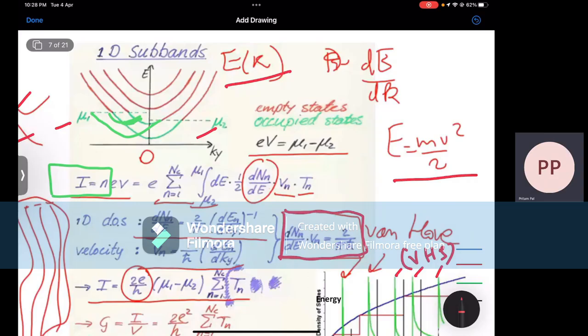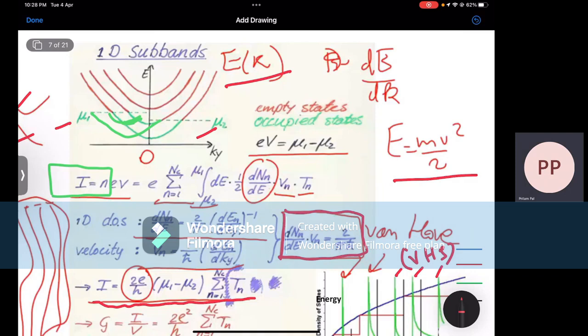And so this integral ultimately gives us the current. This is the transmission coefficient, and this is mu1 to mu2. The rest is a constant.